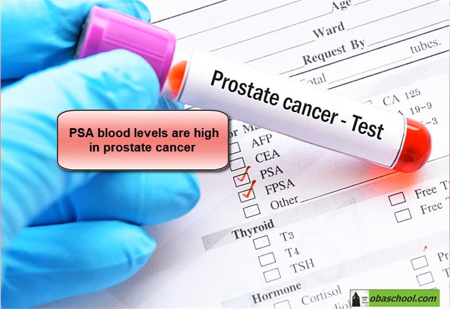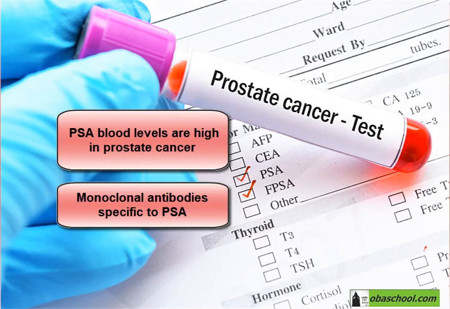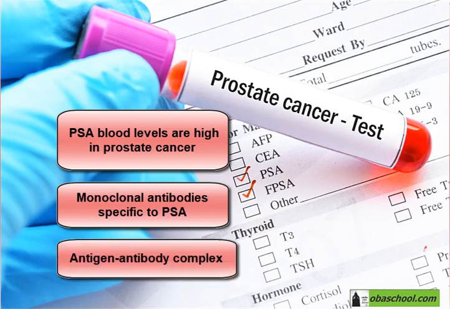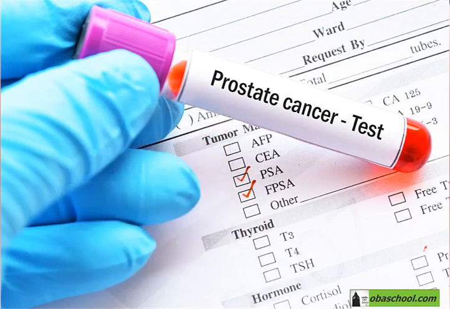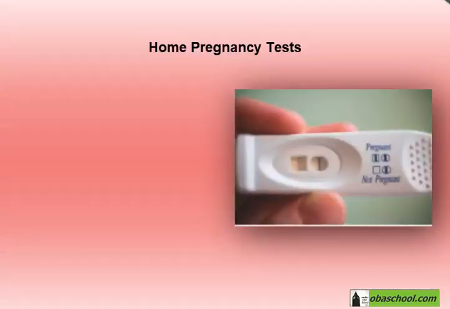To diagnose this prostate cancer, monoclonal antibodies can be used because they can interact with this antigen. They can bind to this antigen and form the antigen-antibody complex, and we can measure the level of PSA using this antigen-antibody complex.